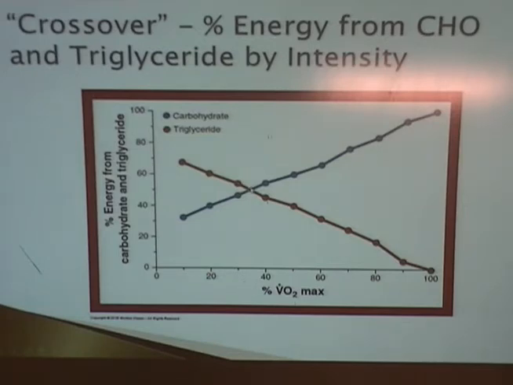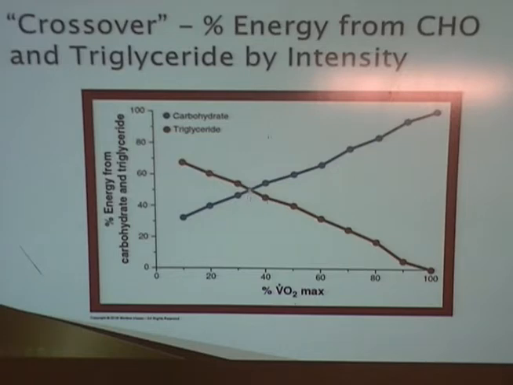So that's pretty low, right? So near it. I don't know what percentage intensity your runs are, but you're probably using a lot more carbohydrate than you are fat when you're running, typically, right? But there is more to it than just what's happening with intensity, okay?